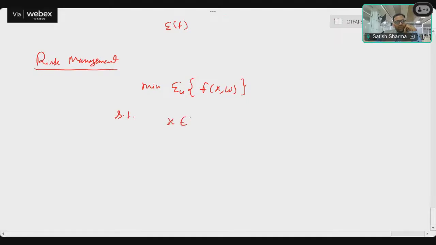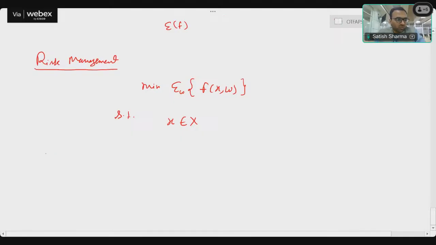The x is part of the solution space, capital X. If this is cost, the objective function is a minimization. If this is profit, we will maximize it.